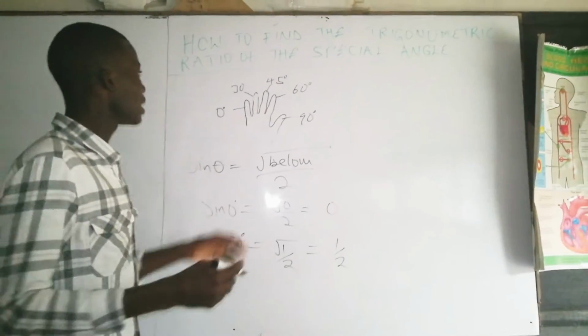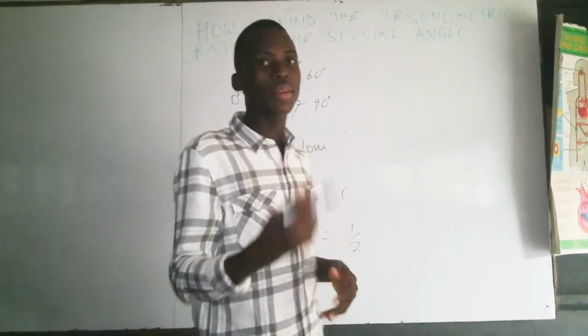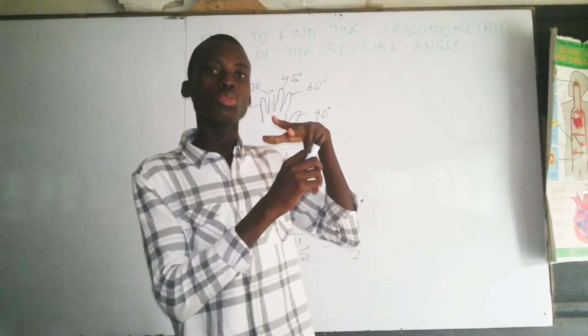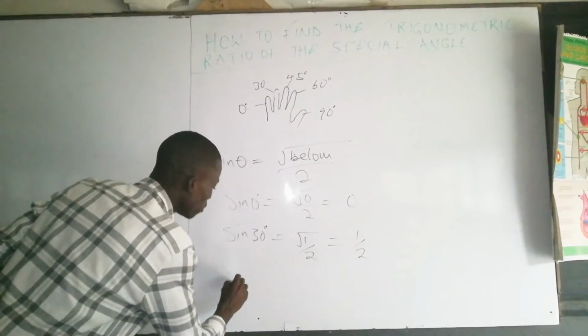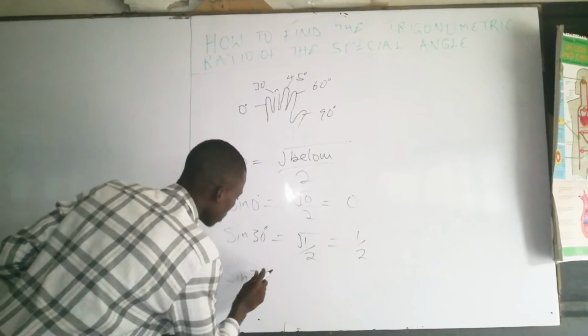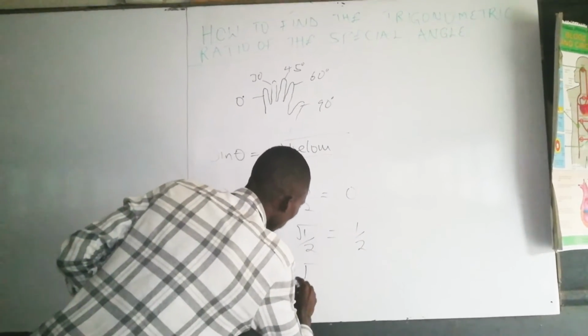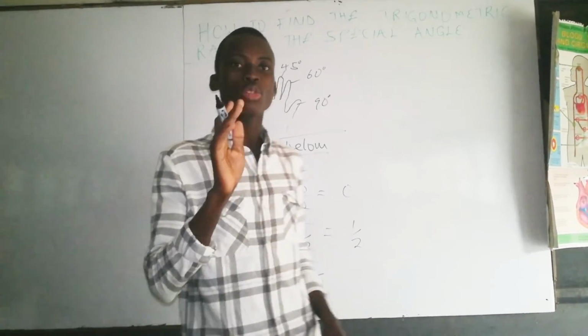Next we go to sine 45. We take this finger, and the root of below is 2. So you take root 2 over 2. Sine 45 has 2 fingers below the finger marked 45, so our sine 45 is root 2 over 2.